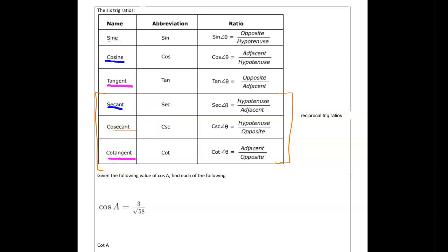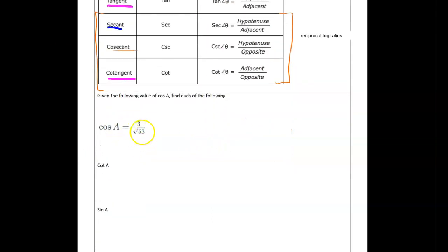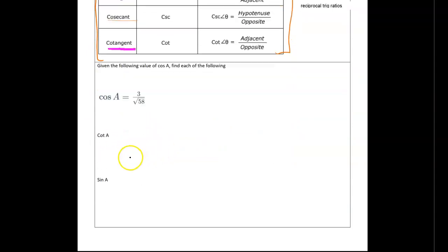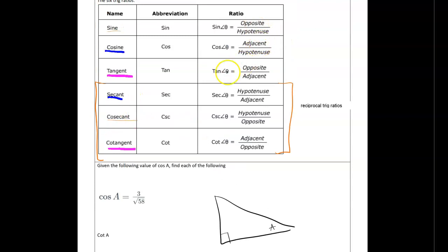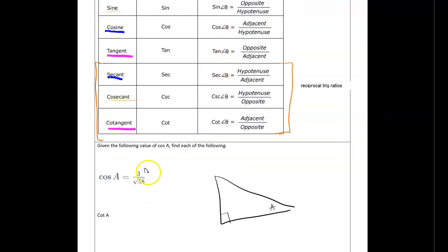Okay? And notice these all involve the same angle. So if I'm given one, if I know that cosine of A is 3 over root 58, I can find all of the other ones. And the way I would do that is I would draw a right triangle. I would pick some angle A. If cosine of A is adjacent over hypotenuse, well, that would be 3 and then square root 58.